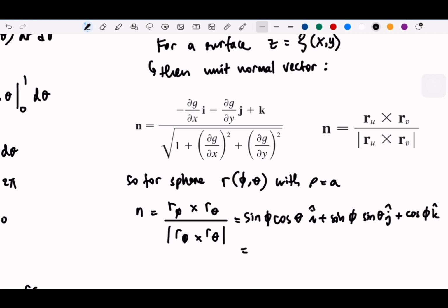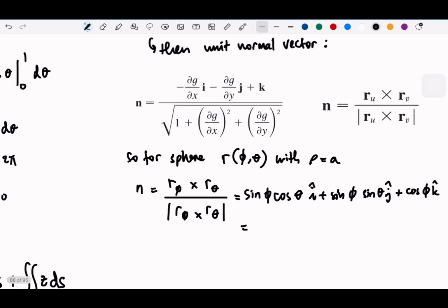This is the r, so we can write this as 1 over A r phi theta, because the magnitude value is A squared sine phi, and we can divide everything by this one.